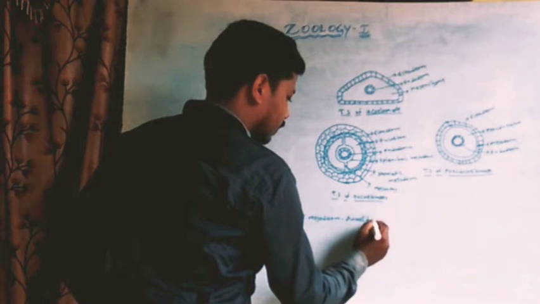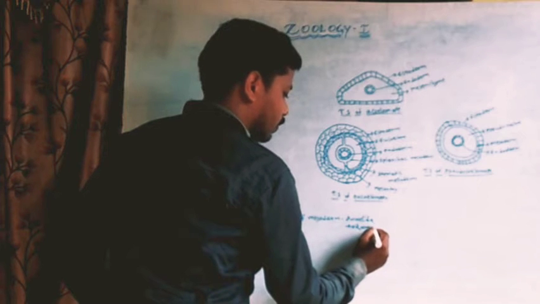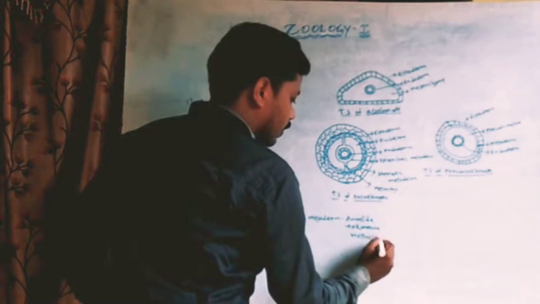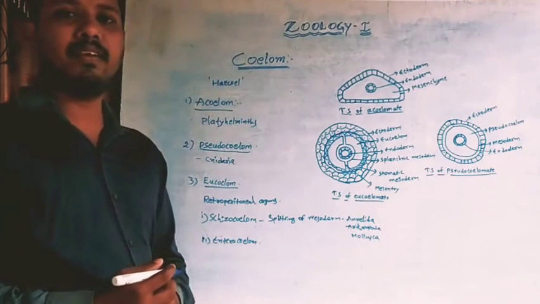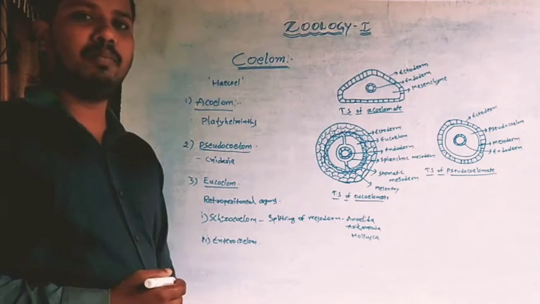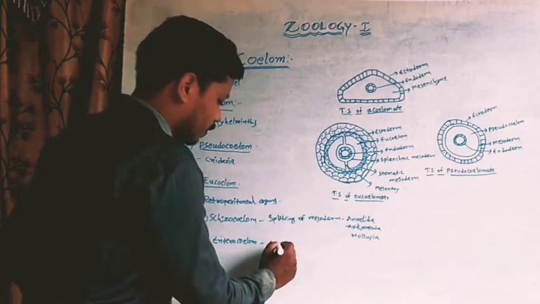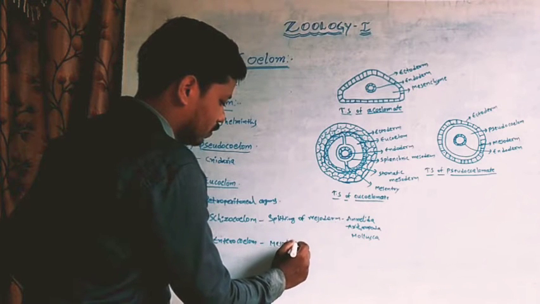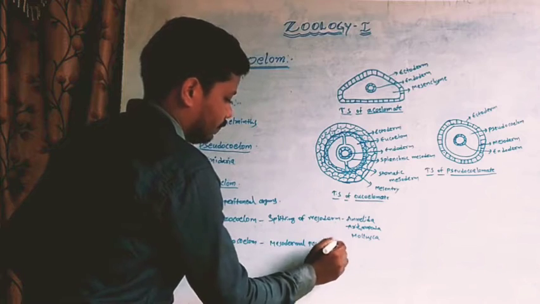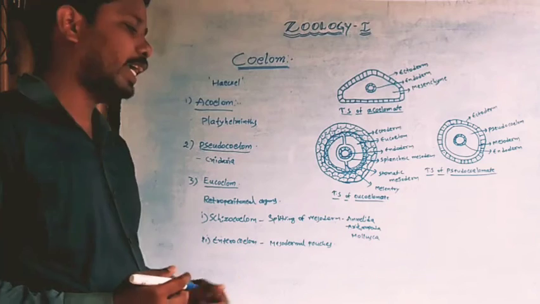This type of coelom is exhibited by the Annelida, arthropoda and mollusca. Enterocoelom means the cavity is formed by the mesodermal pouches. The cavity formed by the mesodermal pouches is called enterocoelom.